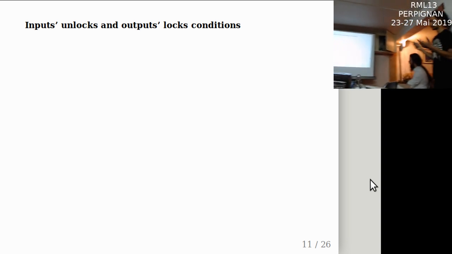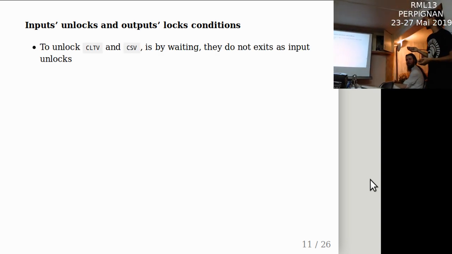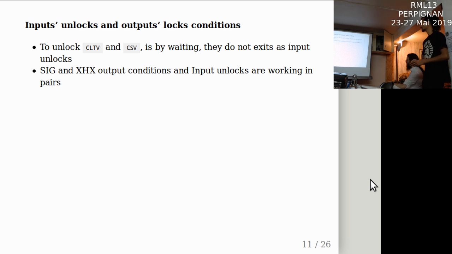So now we'll answer your question, how the inputs and the outputs lock conditions are working. First we're going to exclude the CLTV and CSV locks, which get unlocked automatically when the time passes. Then we still have 2 remaining ones, the SIG and XHX output conditions. They work in pairs, so you lock the sources with one and you unlock it on the other side.